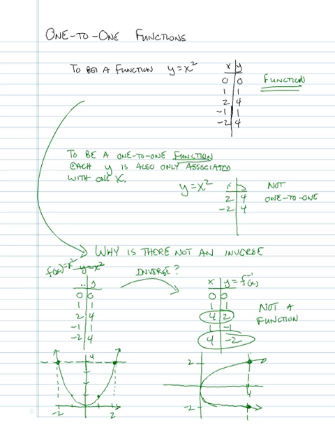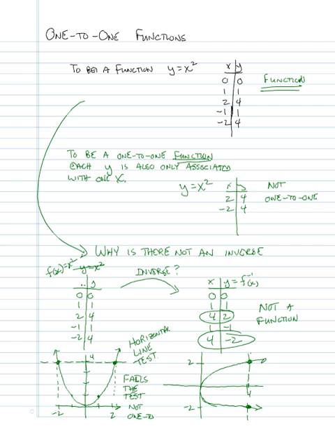So to test for one-to-oneness, we use what's called the horizontal line test, rather than the vertical line test. The horizontal line test says if there's any horizontal line that crosses the graph more than once, then it's not one-to-one. So this example fails the horizontal line test, and if it fails the test, that means not one-to-one.